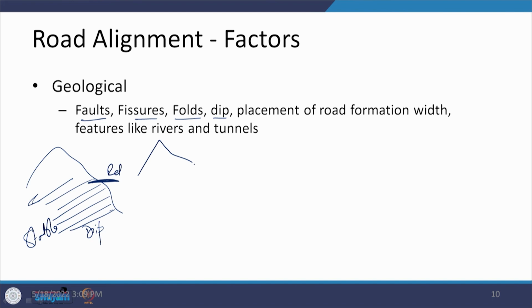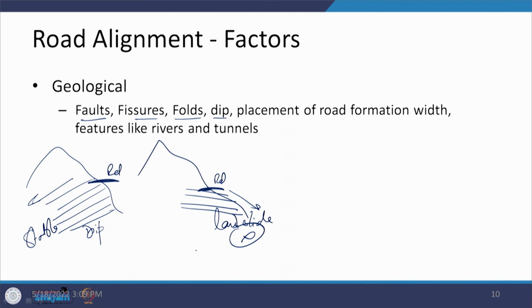But say if this has been in this form and we have thought of providing a road here, then what will happen is that this is going to flow out. There is a possibility that this material will flow out and it may result in, say, a landslide.